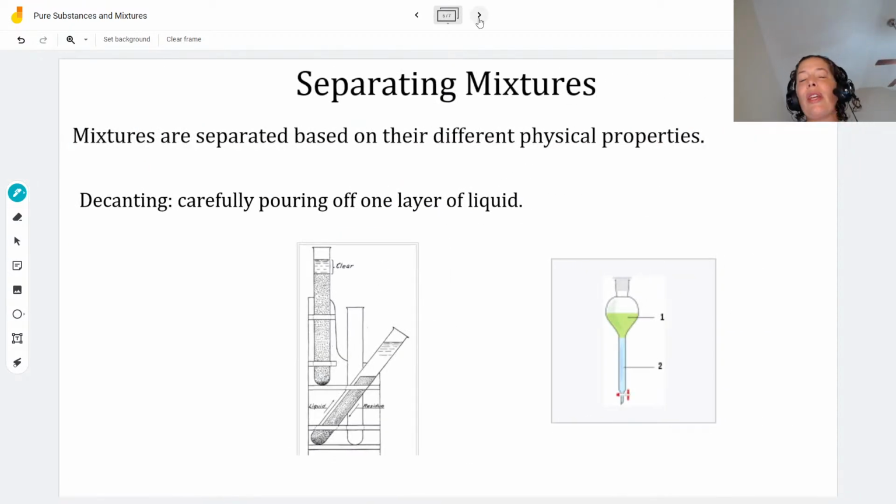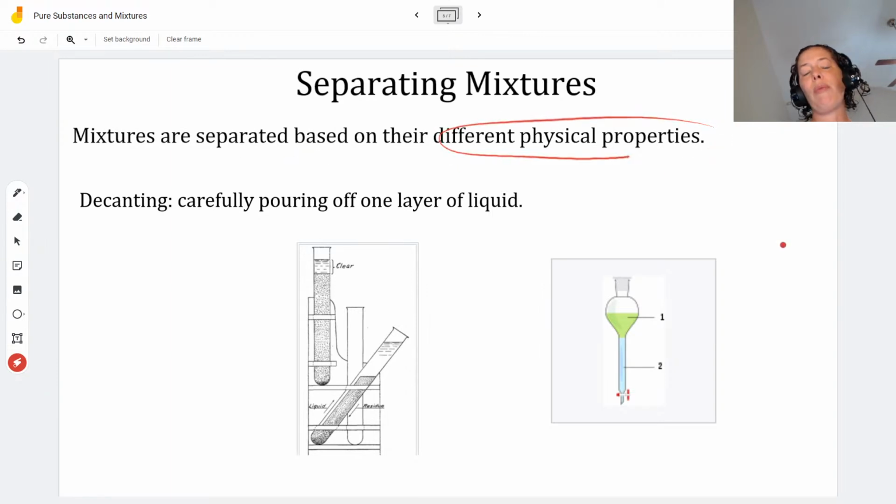All right, so the last thing that I want to talk about, since we've been talking about mixtures, is how do you separate mixtures? This can be something that's very easily done, or it can be very difficult, depending on what kind of mixture you're separating. When we separate mixtures, we separate them based on their different physical properties.